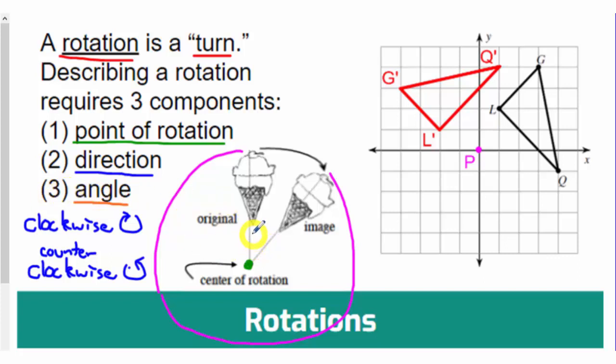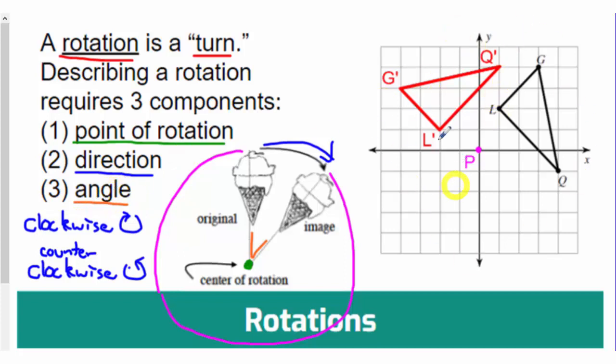That angle measure is actually measured right here. You can see those two dotted lines pointing to the two ice cream cones. That angle right there is the angle measurement that needs to be specified. So when we put all three of those together, we can figure out where the wheel is, we know which way the wheel is spinning, and we know how far to turn that wheel before it stops.